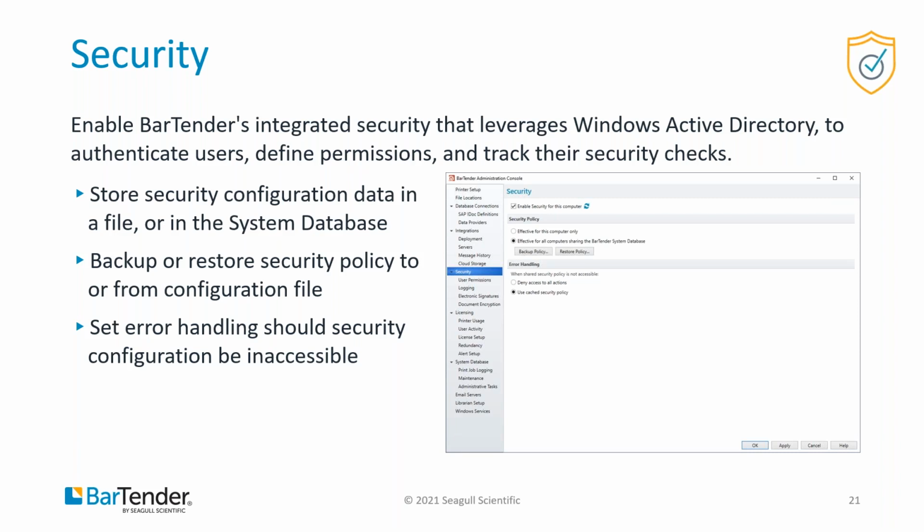And particularly if you're storing your security in a file, one way of propagating that security policy between your BarTender computers is that you configure your security policy once, back it up to file, and then all subsequent BarTender clients would restore that backup policy that you already created.